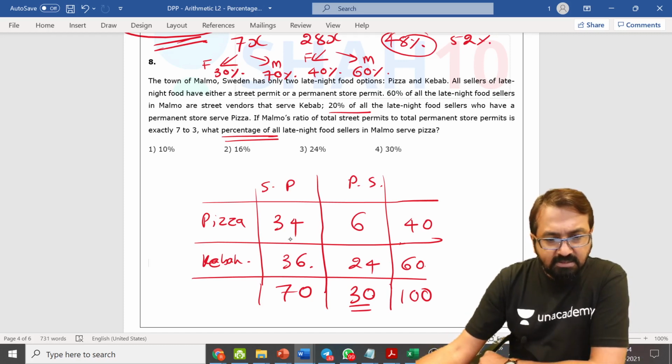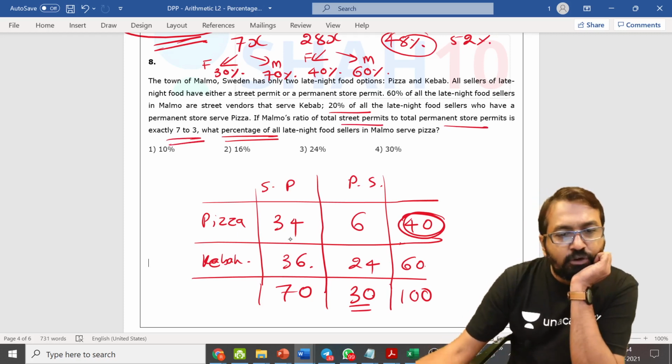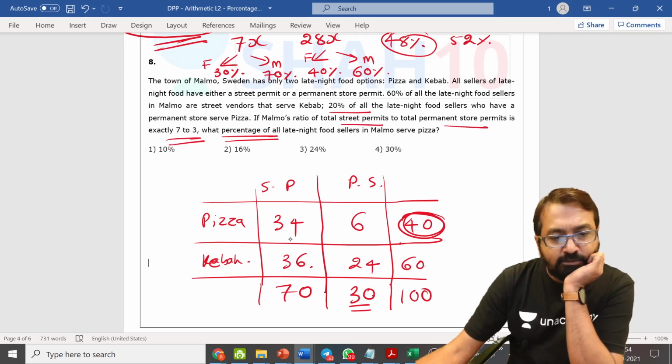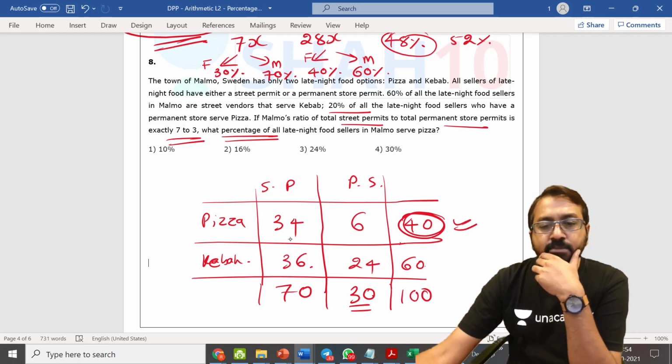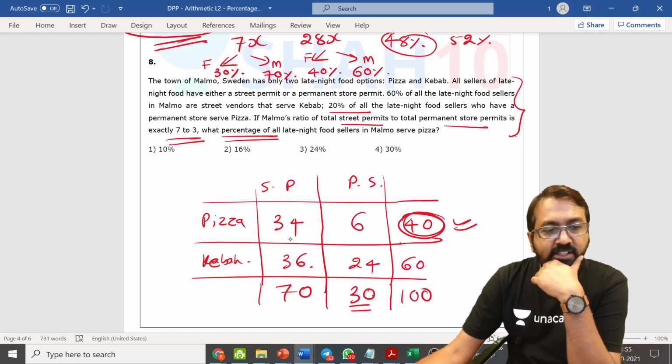So I think pizza is being served by 40%. Total street permit to total store permit is 7:3. What percentage of all late night food sellers in Malmö serve pizza? It should be 40%. So there seems to be some error over here, because 60% of all late night food sellers in Malmö street vendors serve kebab.